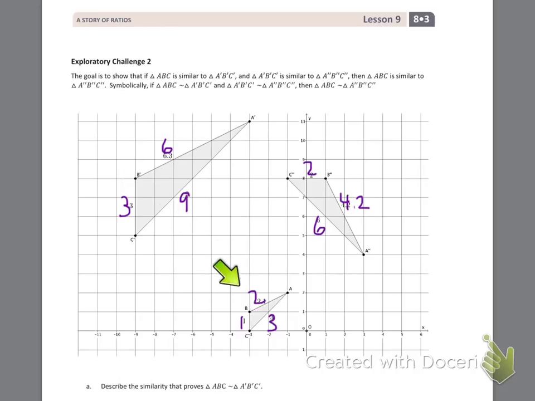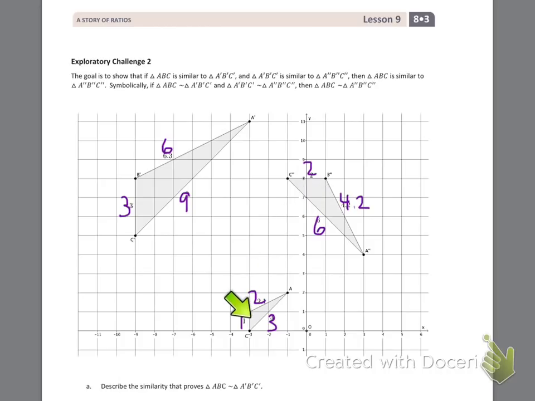And so you'll need to find a dilation and a congruence that will map ABC to A prime, B prime, C prime. And then in part B, we're going to start with A prime, B prime, C prime and prove it similar to A double prime, B double prime, C double prime.